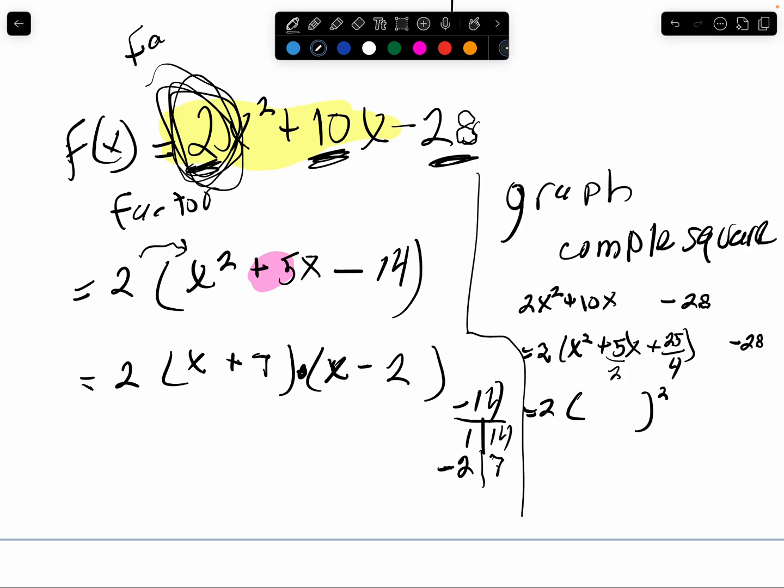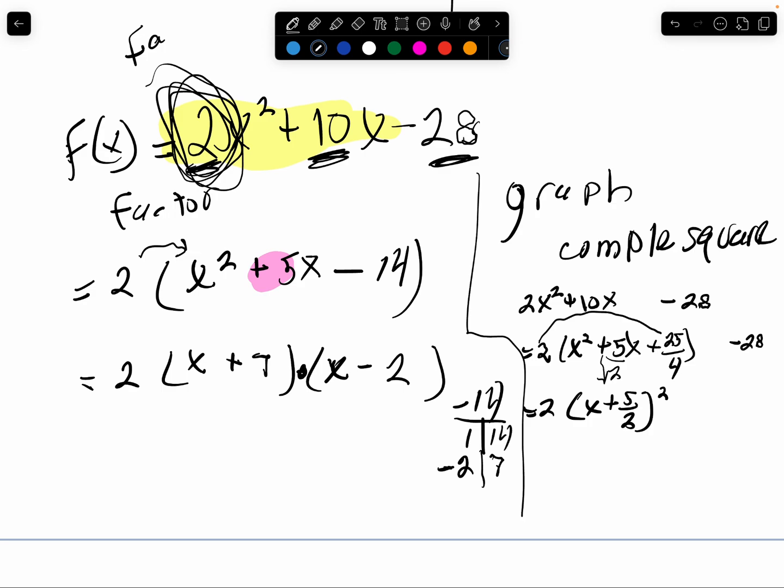You should know the vertex form by now. x plus, we keep that same sign in the middle, and here we have 5 over 2, or 2.5, squared. But we added 2 times 25 over 4, which is 25 over 2.